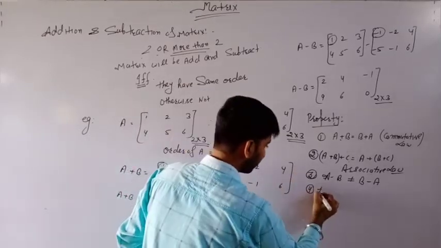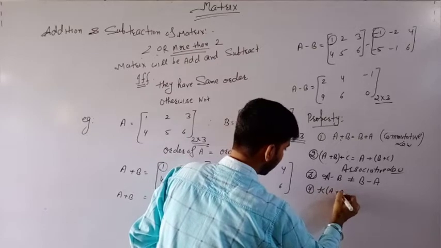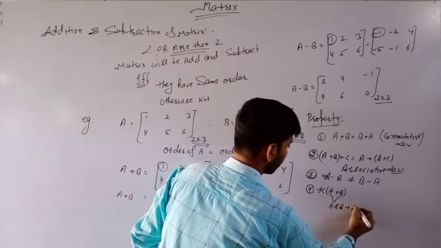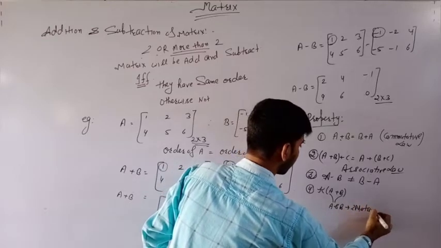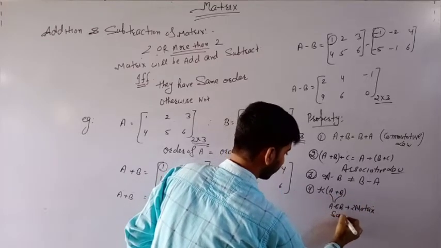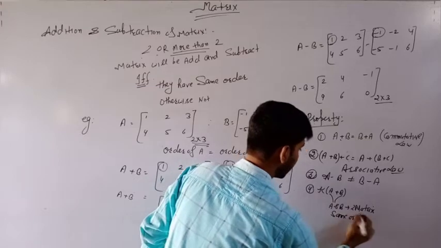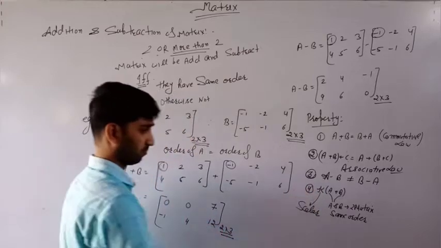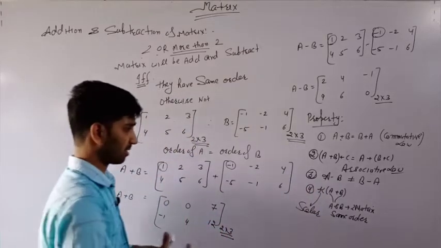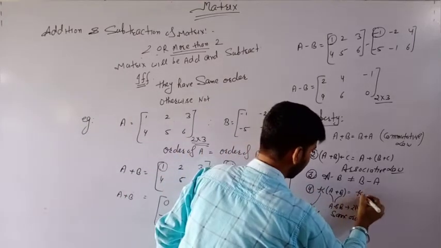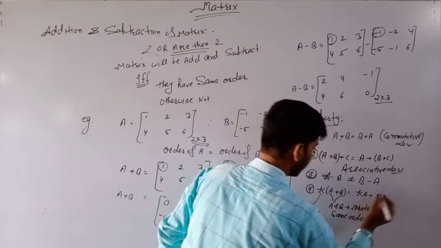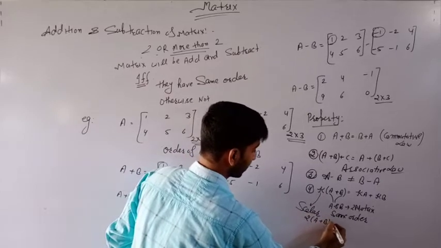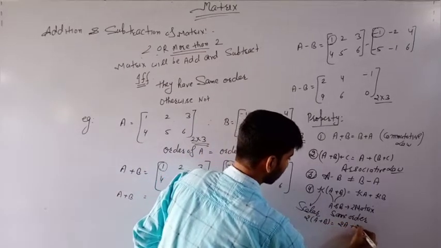Fourth, k multiplied by A plus B, where A and B are two matrices of the same order and k is a scalar, any real number or complex number, then we get kA plus kB. For example, 2 times A plus B gives 2A plus 2B.